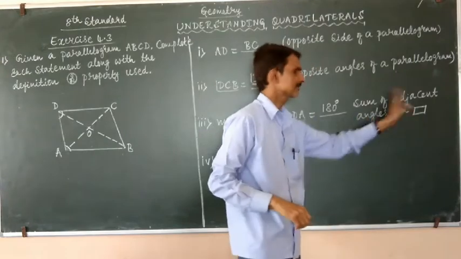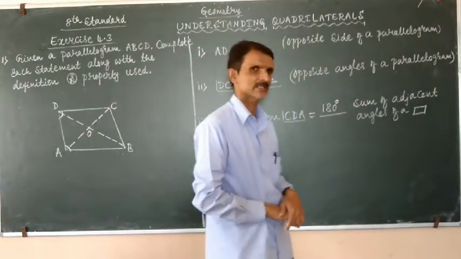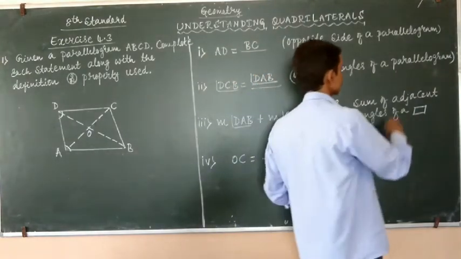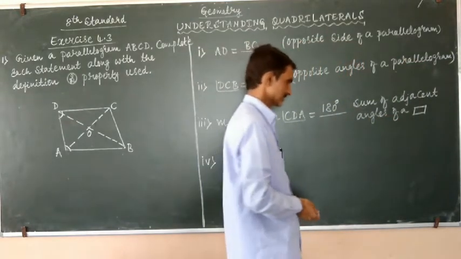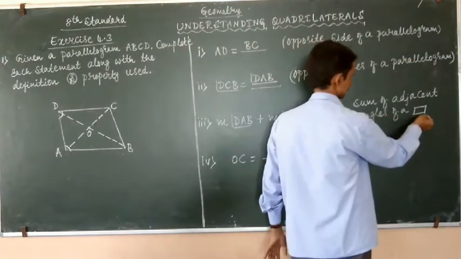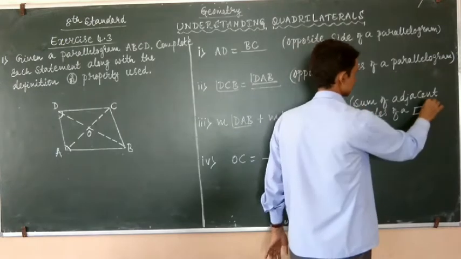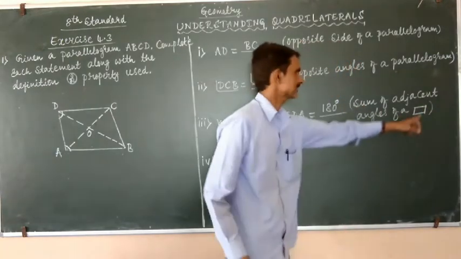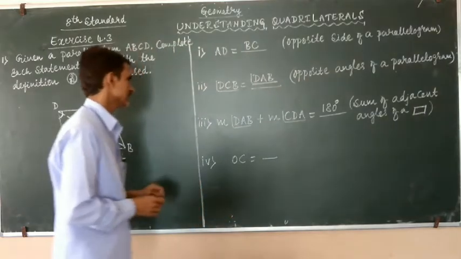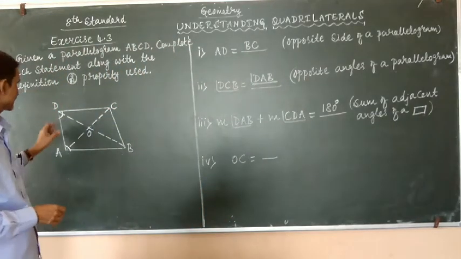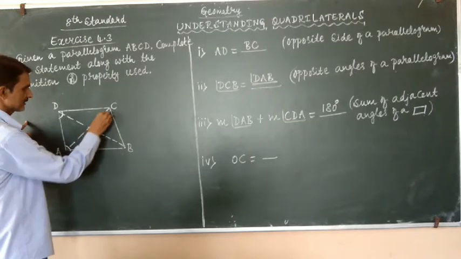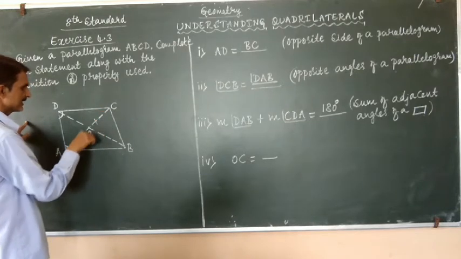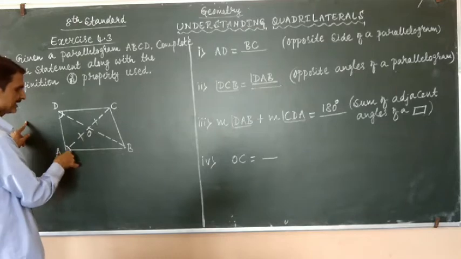Here we can write a symbol. In place of writing parallelogram in every step, we will write this symbol, which indicates a parallelogram. Then OC, this length OC, will be equal to OA.